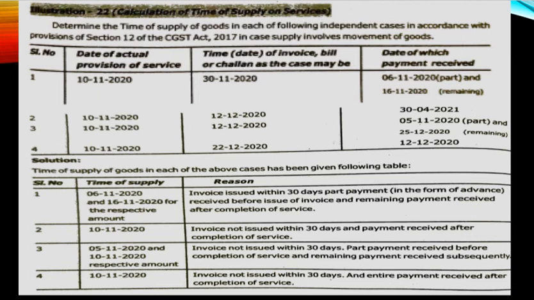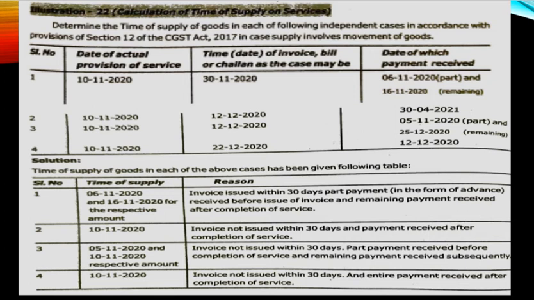The first payment was on 5th November 2020. So in this case, you will be taking the date of provision of services. What is the date of provision of services? 10th November 2020. And the date on which payment was received is 5th November 2020. Which is earlier? 5th November 2020. Then the remaining amount was paid on 25th December 2020.